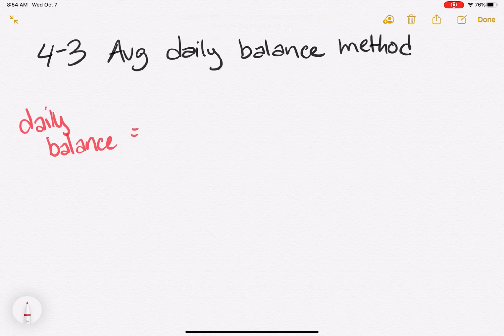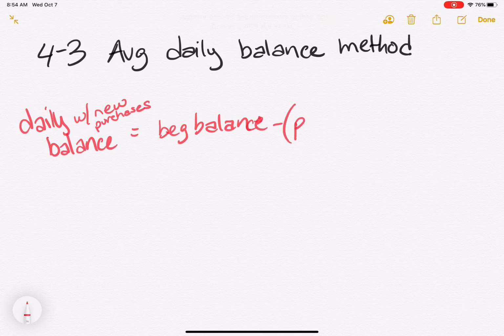So this is daily balance with new purchases, and that equals beginning balance minus payments plus credits plus purchases and fees.